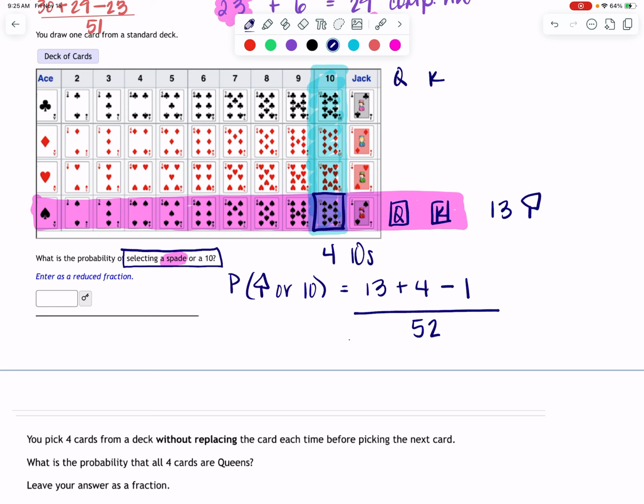So 13 plus 4 minus 1 all over 52. They want to reduce fractions, so I'm going to use Desmos to do that. I get 4 out of 13.